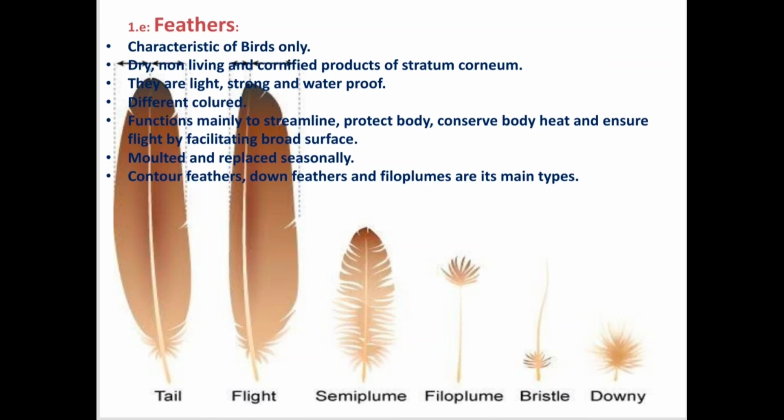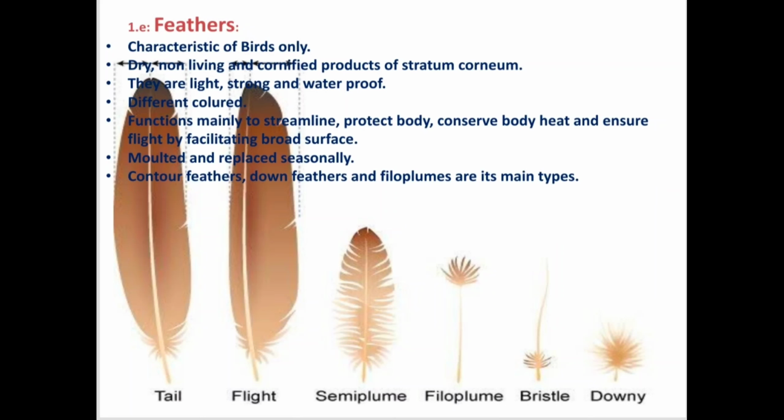They make the surface of the body of the bird streamlined as well as waterproof. Presence of different colored pigments makes them beautiful. There are different types of feathers: tail feathers, flight feathers, semi-plumes, filoplumes, bristles, or down feathers. These were the epidermal derivatives.